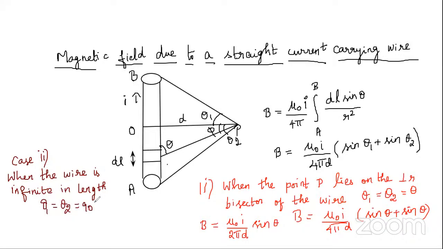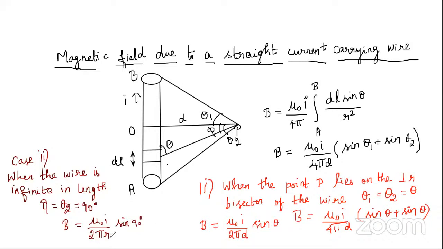So in that case, when the wire is infinite in length, theta 1 equals theta 2 equals 90 degrees, and the total magnetic field will be B equal to mu naught I by 2 pi r into sine 90 degrees. Actually here I have used the letter d, and instead of d I am using r.